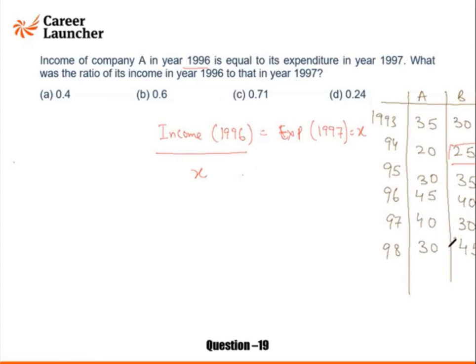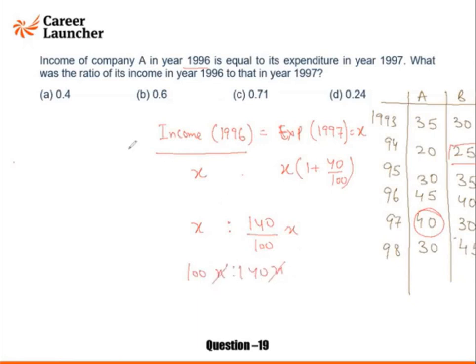What will be the income of 1997? And that is for company A. It's 40%. So that is X into 1 plus 40 by 100. This is the income of 1997. So X is to 140 by 100 X. And if I simplify it, it turns out to be 100X is to 140X. X and X will cancel out.